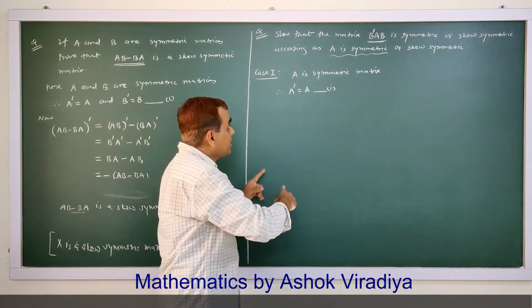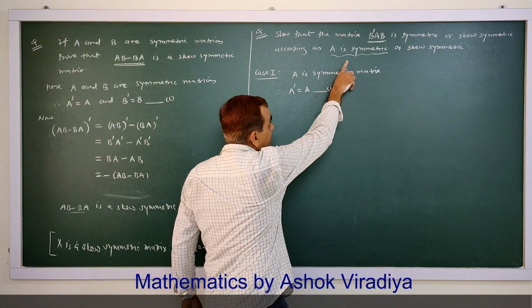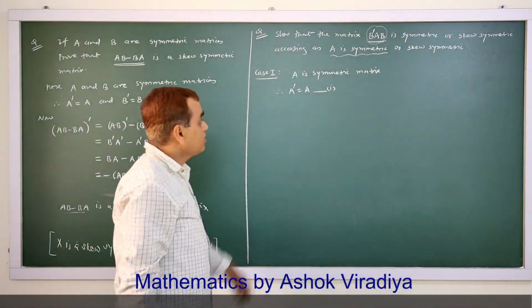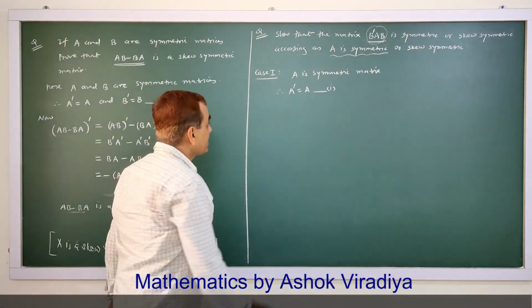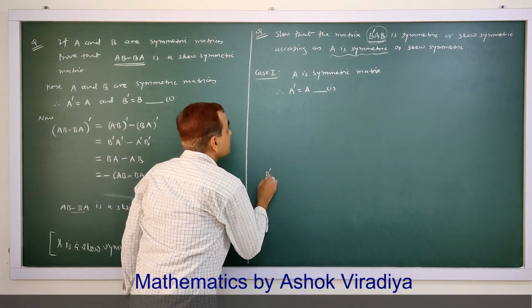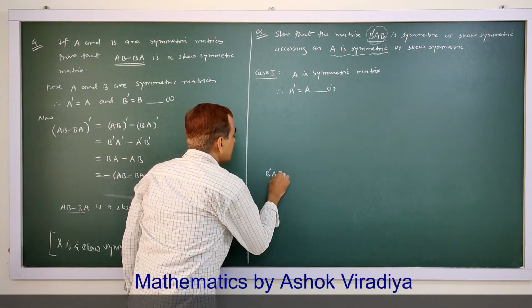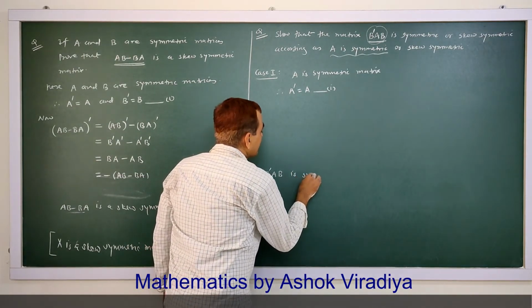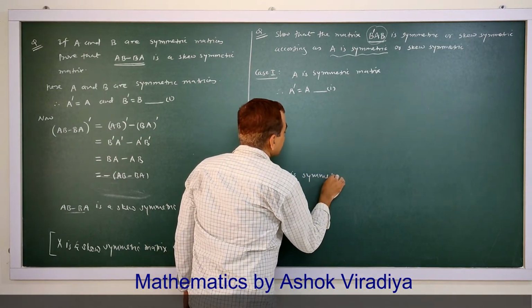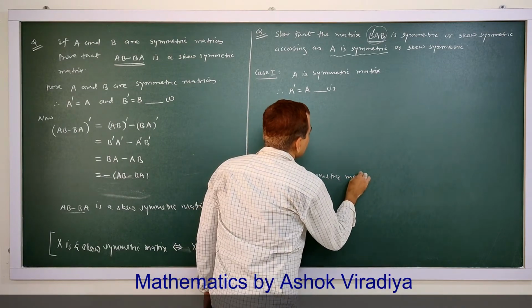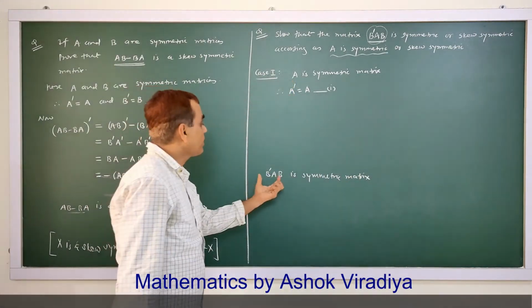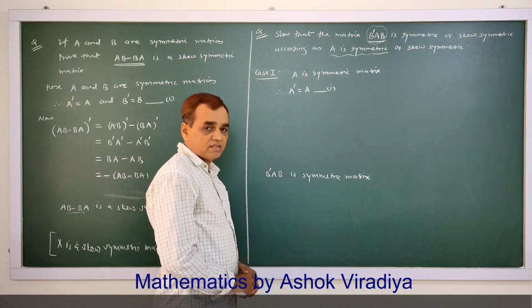Now the question is, if A is symmetric, this will be symmetric. So now we are going to show that B dash AB is a symmetric matrix.